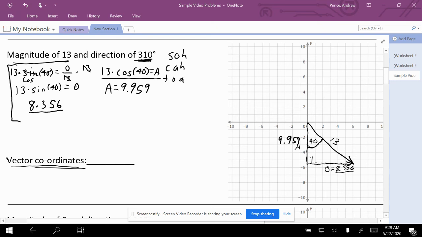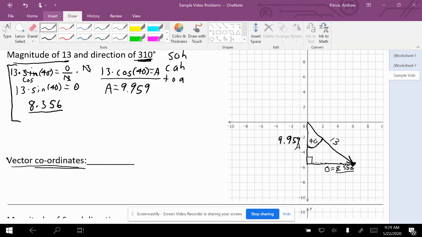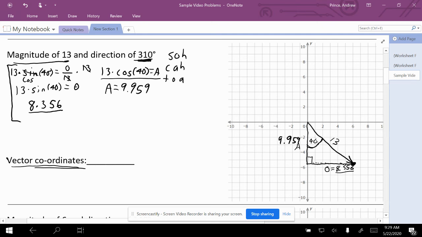Now I need to apply some critical thinking to say, what are my coordinates here at my endpoint? So I know that I'm traveling this side of the triangle down in the negative direction. Again, it's not to scale. I'm traveling 9.959 down, and I'm traveling over, whether I'm down here or up here, 8.356. So which one of these is my x and which one is my y?